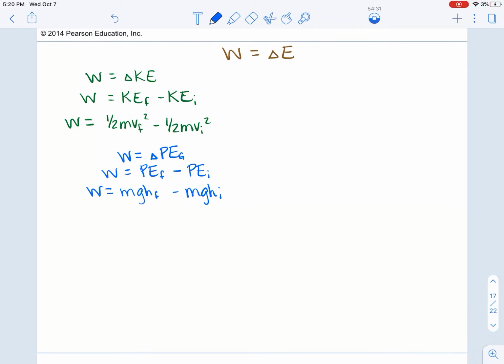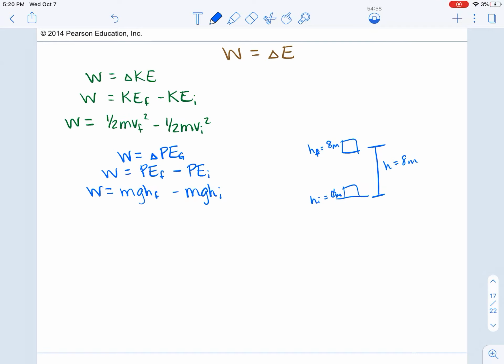Now, earlier we were talking about a box that moved from the ground to some height above that, and I made up that height to be 8 meters. If we were following this format, my initial height would be 0 meters, and my final height would be 8 meters. And so this last part would just end up falling off because it would equal 0.